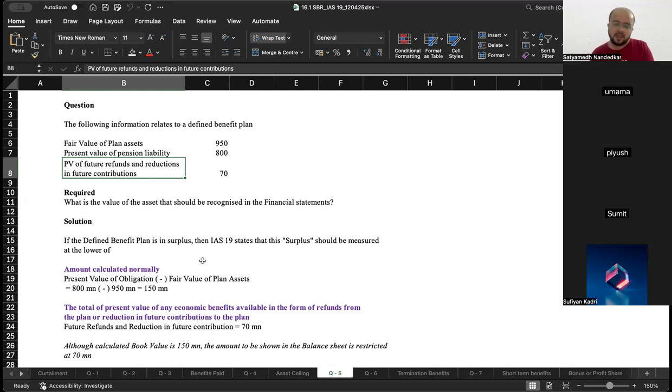Okay. So this basically tells you the upper limit, the upper value, a maximum आप कितना दिखा सकते हो. Even though the calculation tells you 150, you will cap it at 70. ठीक है.